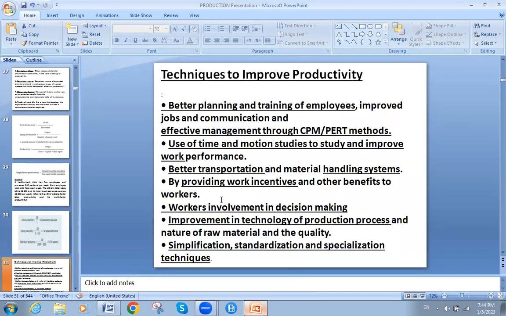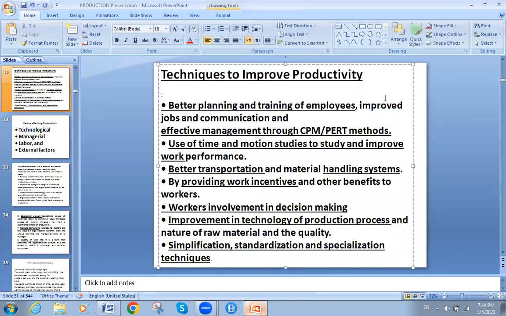Okay, we'll move now to the techniques to improve the productivity. Better planning and training of employees, effective management, use of time and motion studies to reduce waste, better transportation and handling systems, worker involvement in decision-making.